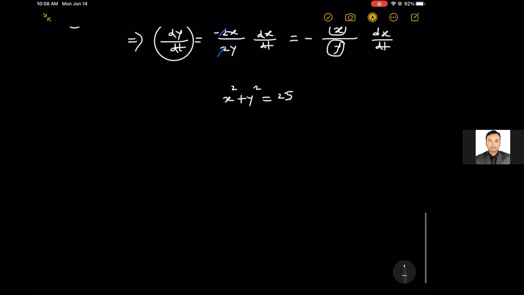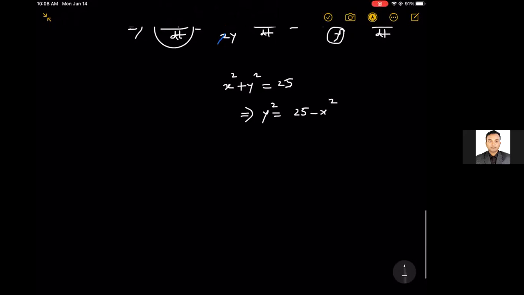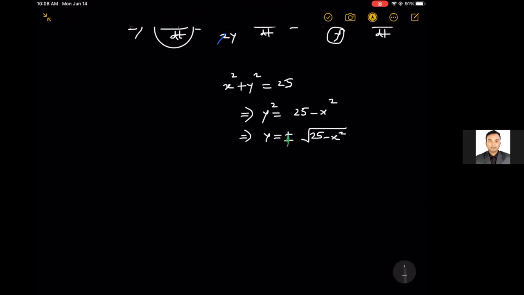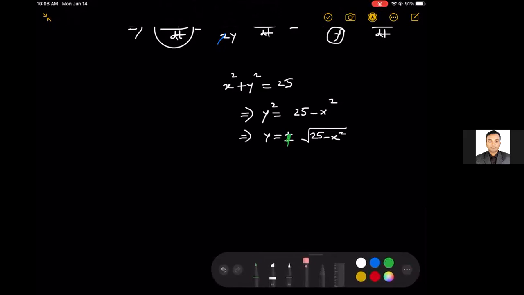So y is basically the square root of 25 minus x squared. Since it's a length, it cannot be negative, so you can remove the negative root. So this will be my y.